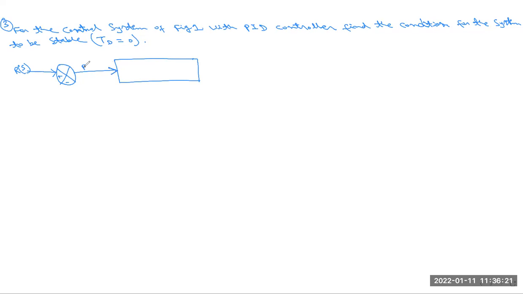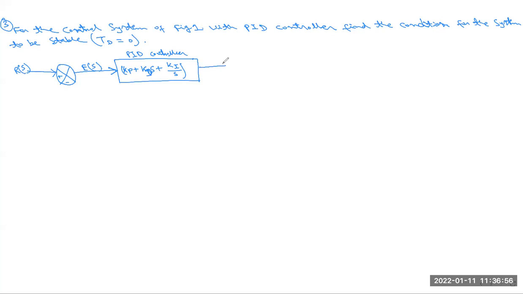This is E(s), the error of the system. And this is the PID controller. The equation we know: KP, the proportional controller, plus KD S, the derivative controller, plus KI by S, the integral controller. Okay, so this is the PID controller.